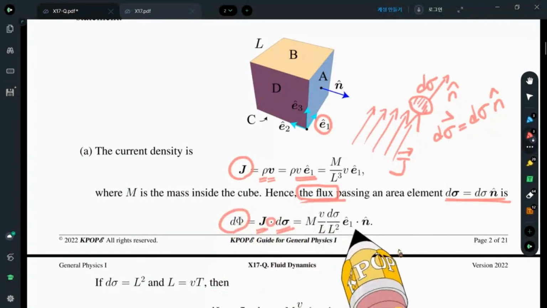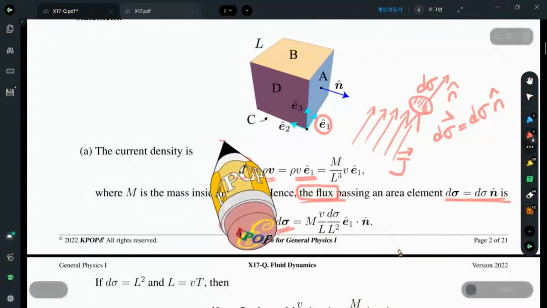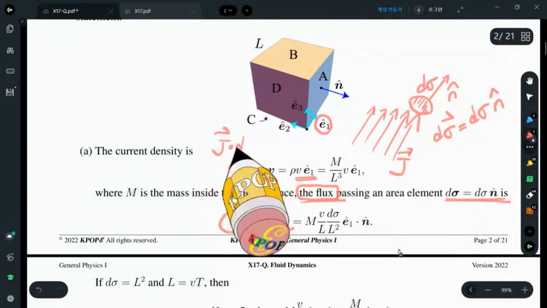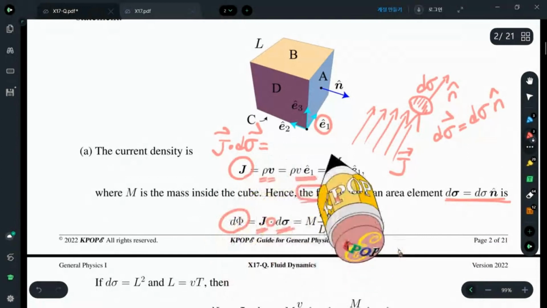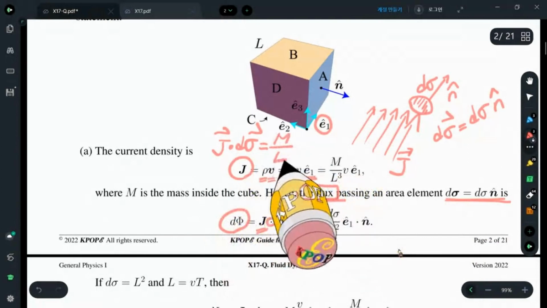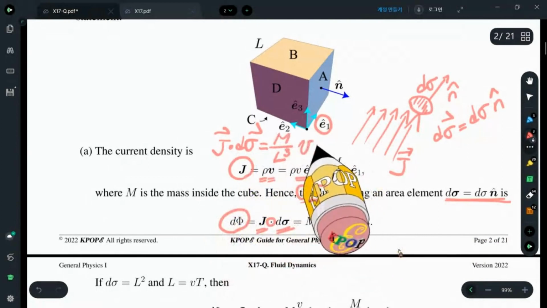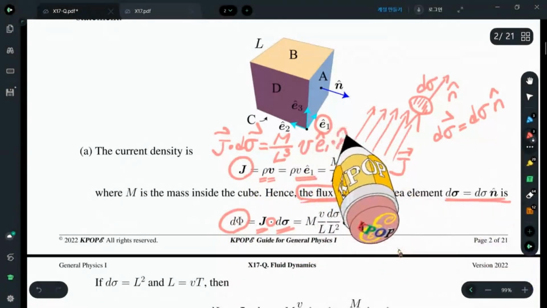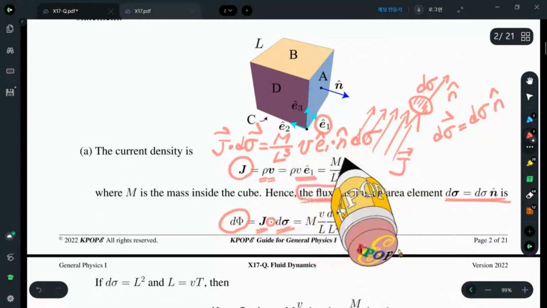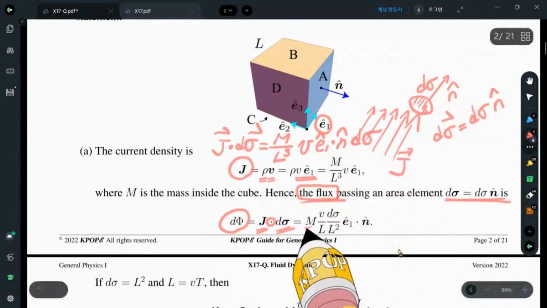We substitute J dot d sigma in here: J is m over L cubed times v e1 hat, dotted with d sigma n hat. So we simplify this vector.